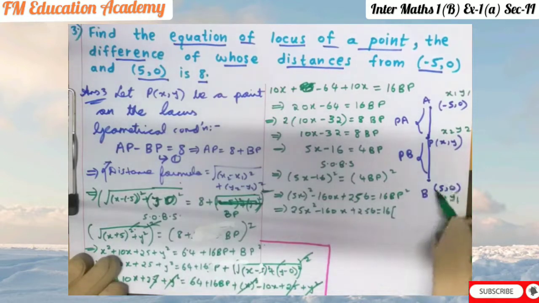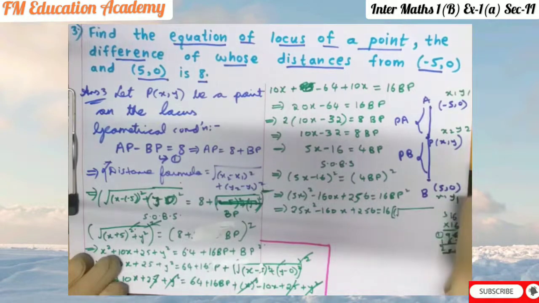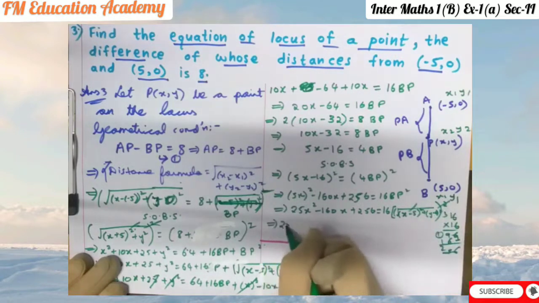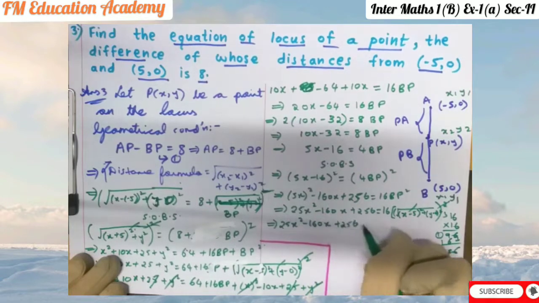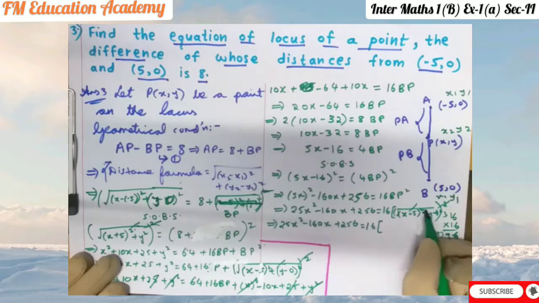What is BP here? BP here is root of (x2 minus x1), means (x minus 5) whole square plus (y minus 0) whole square. Now square and root will get cancelled. So 25x square minus 160x plus 256 is equal to 16 into, (a minus b) whole square is a square minus 2ab plus b square, plus y square.